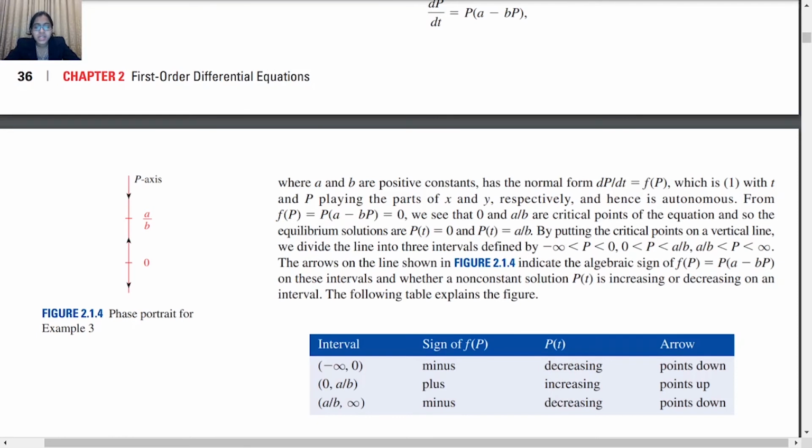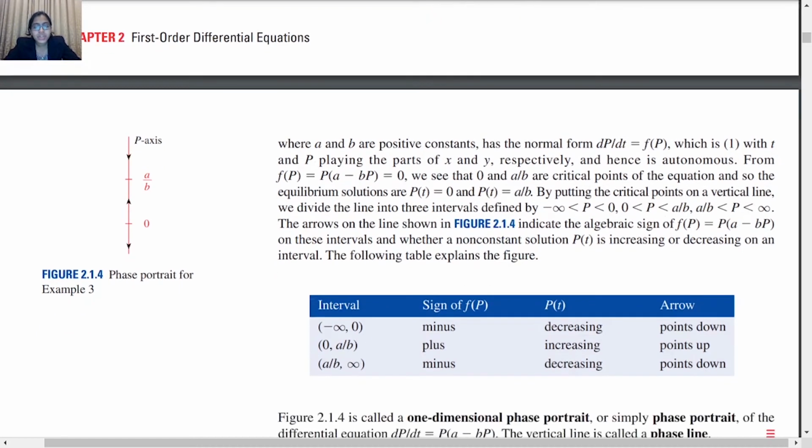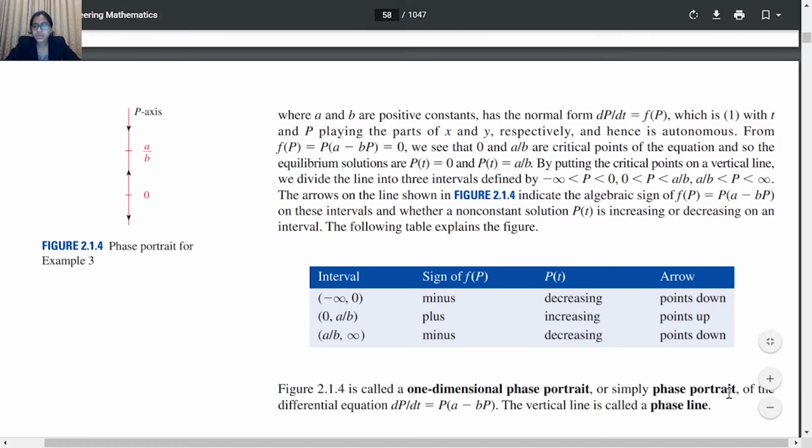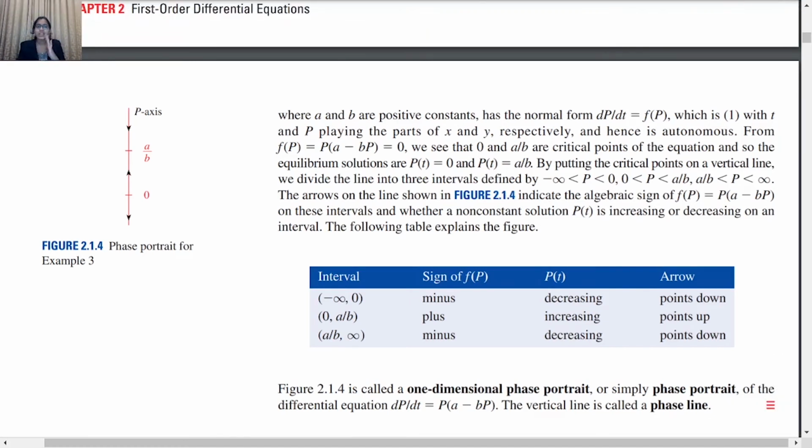And the last interval, a by b to infinity, again you will get a minus sign, and it will be decreasing and points downwards. So this will be the figure, and this type of figure is called the one-dimensional phase portrait, or simply a phase portrait. And a phase line is just a definition that you have to keep in mind, as you can be asked in part A or part B of the examination.